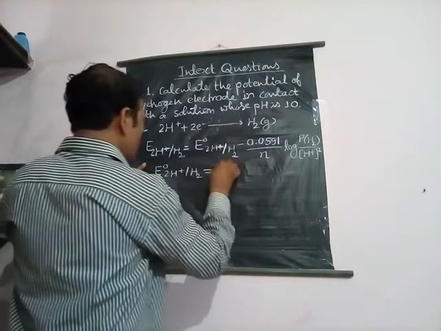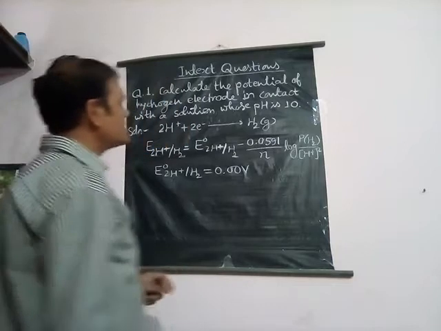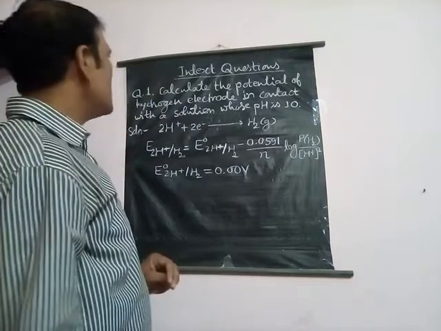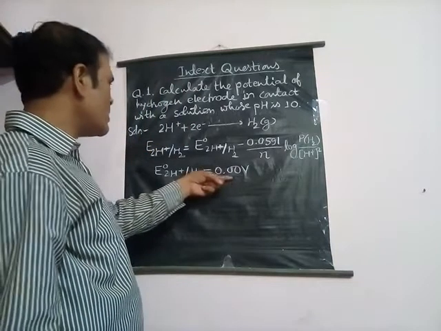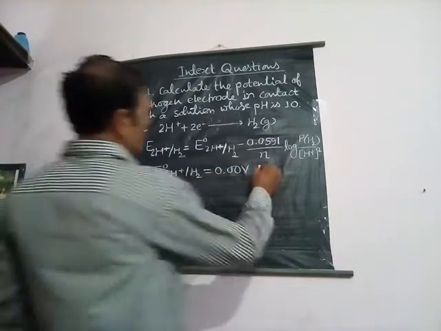It will be 0.000, because we have already studied that the standard electrode potential of the standard hydrogen electrode will be 0.000.